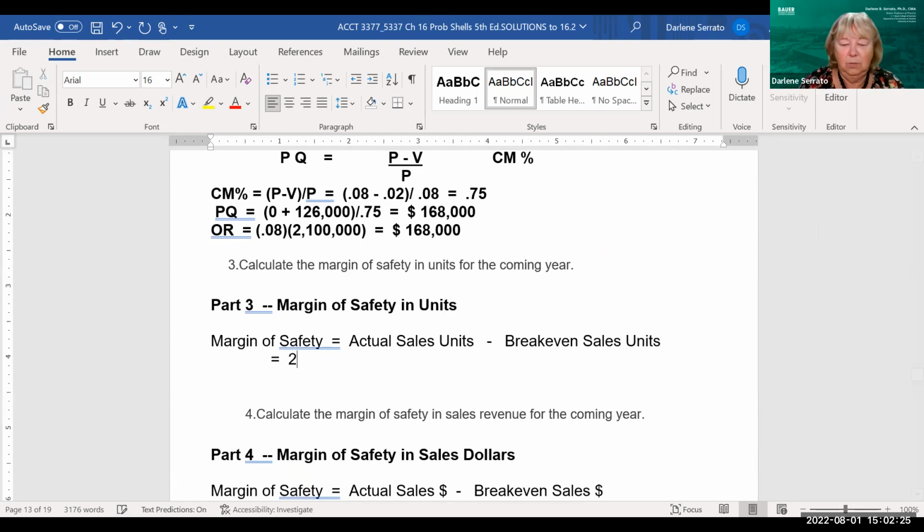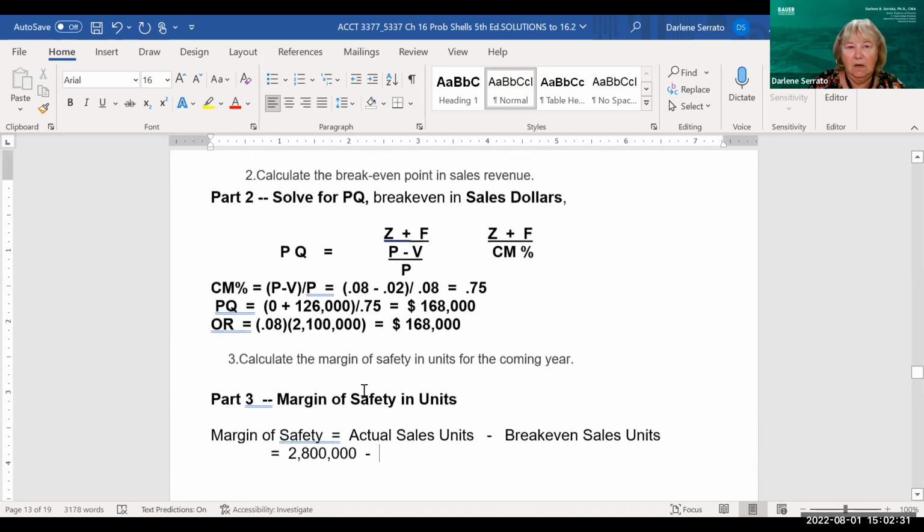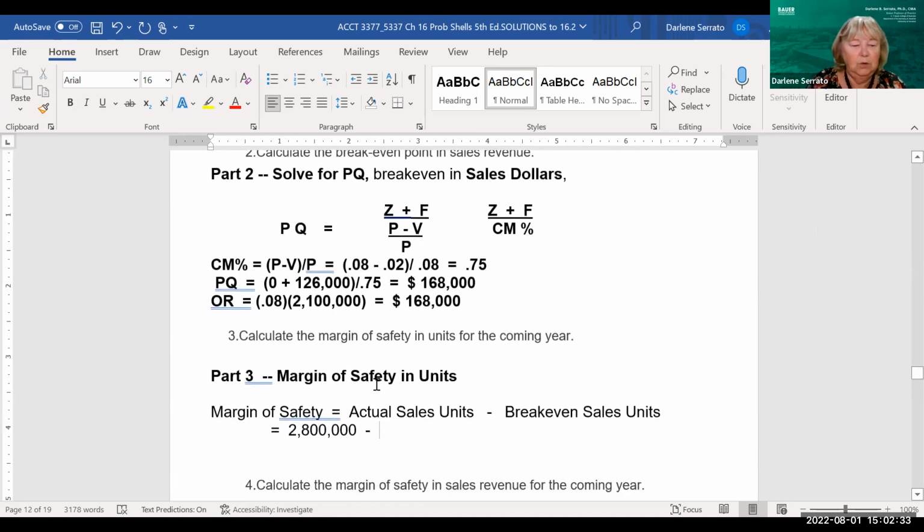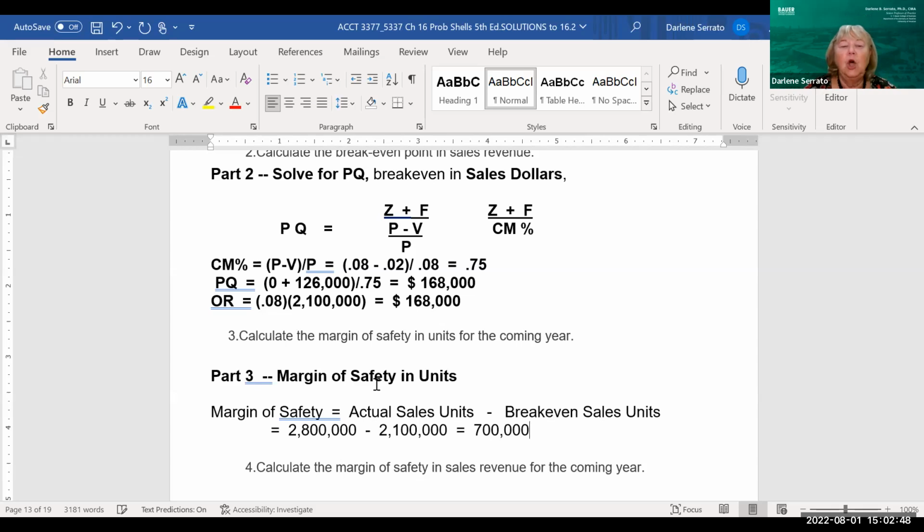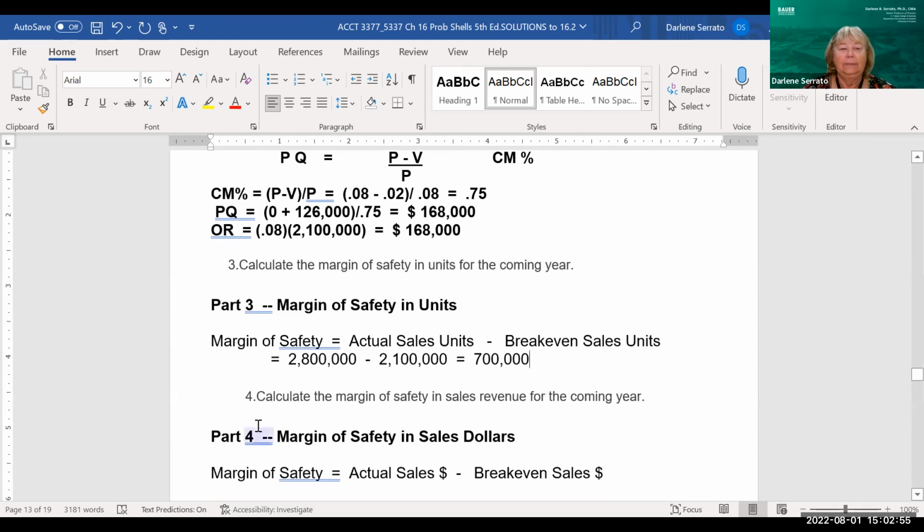So that's 2,800,000 minus break even of 2,100,000. So margin of safety is 700,000. So the meaning of margin of safety is how much sales can go down before you show a loss.